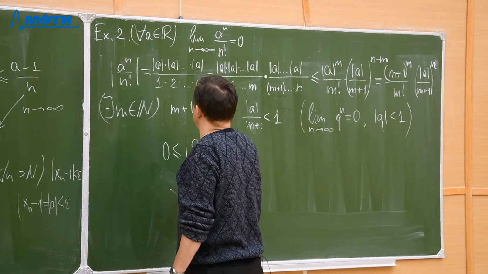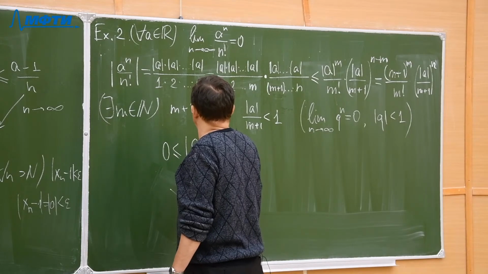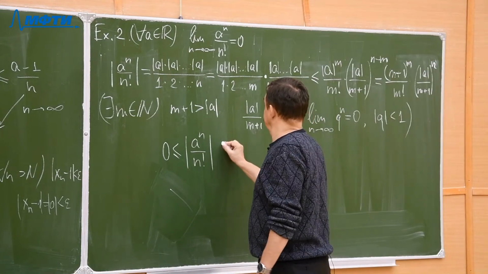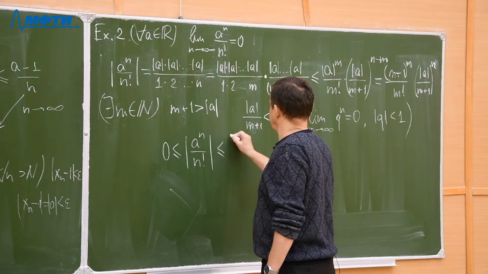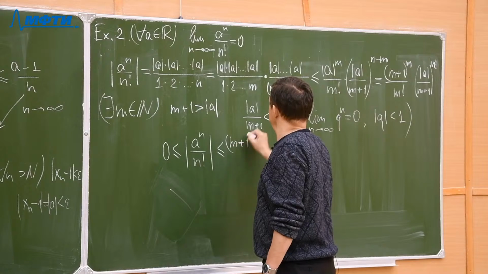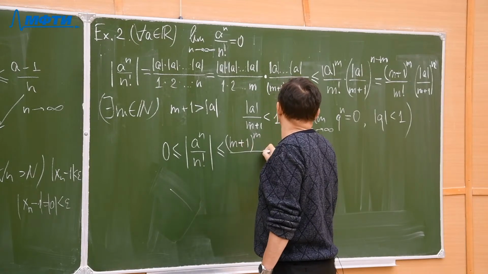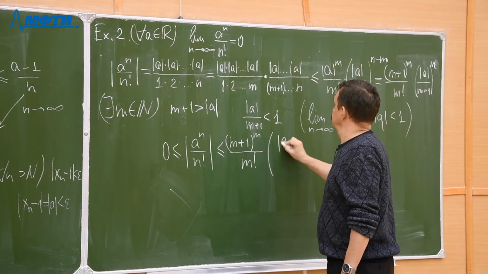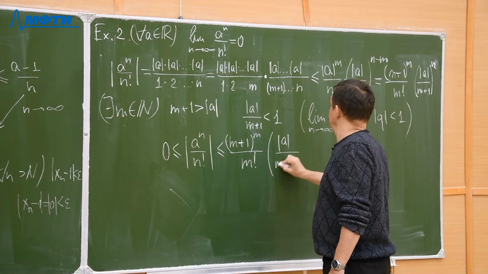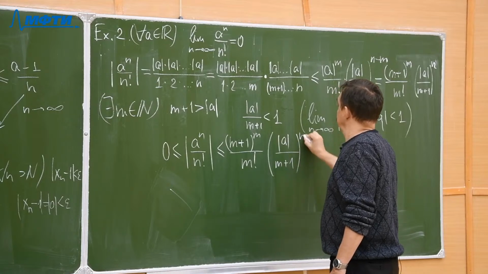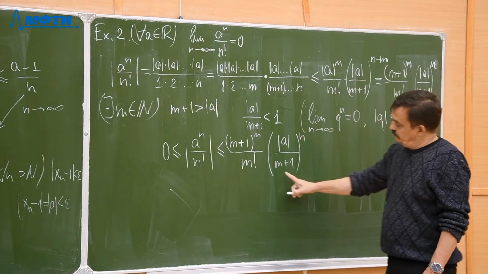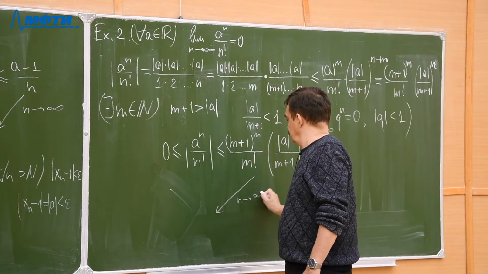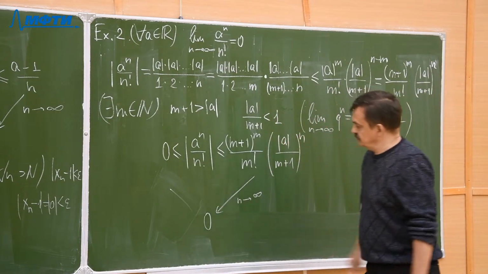So the right hand side tends to 0 as n tends to infinity.